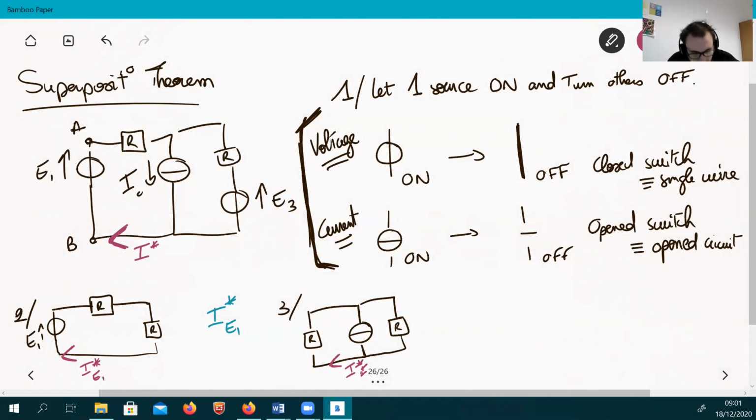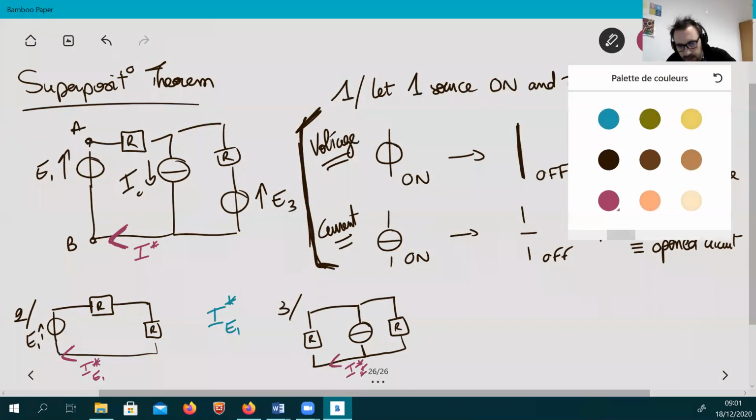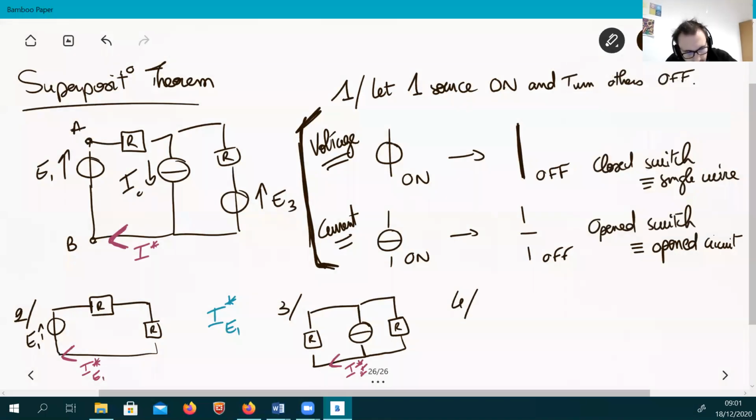So I start R0, then the last circuit is leaving the last source on. So you are facing this circuit, still interested in this I star, now E3.